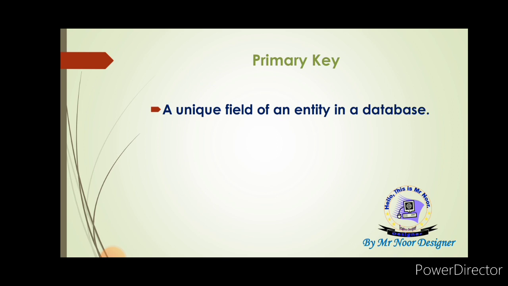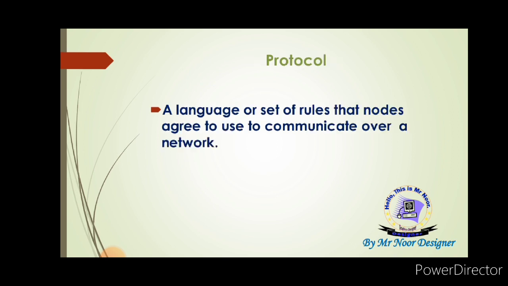Primary key, a unique field of identity in a database. Protocol, a language or set of rules that nodes agree to use to communicate over a network.